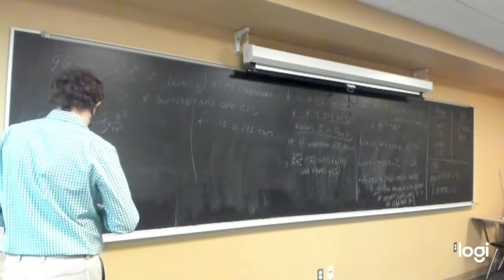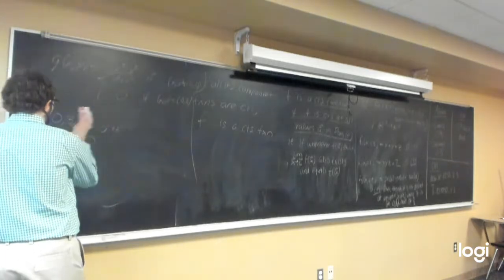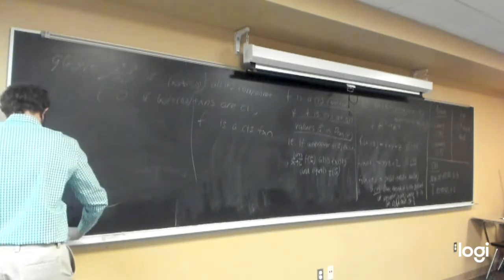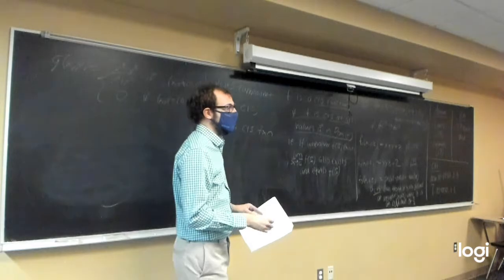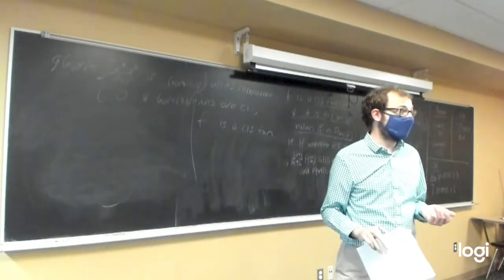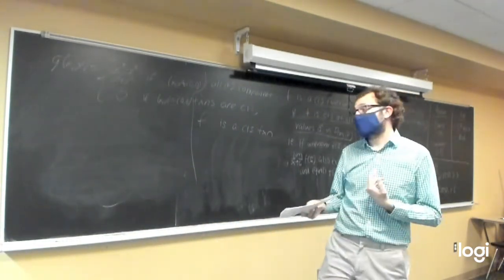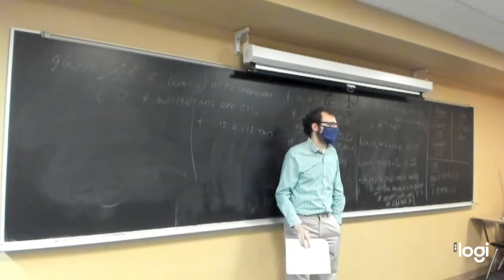So here's my question. Is this a continuous function? Or is there some point in its domain, in this case the domain is all of R2, where the function fails to be continuous?